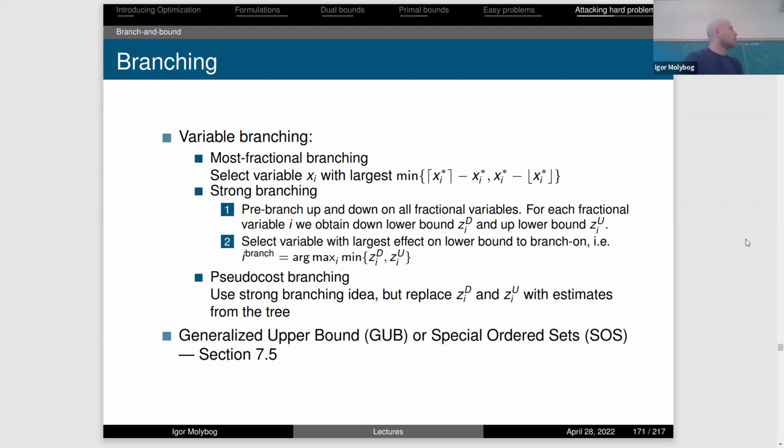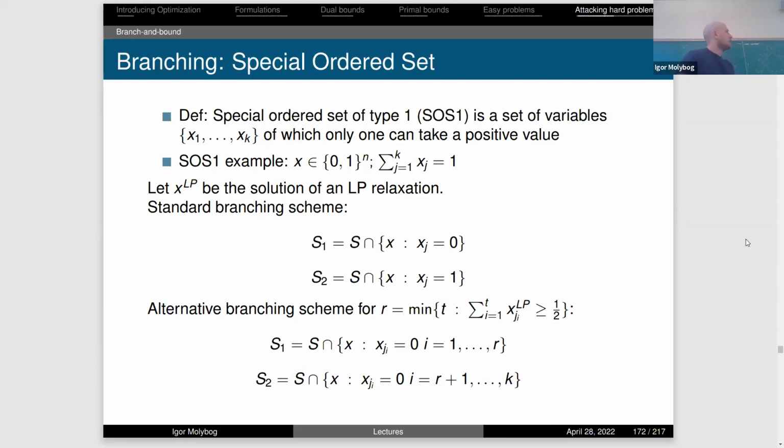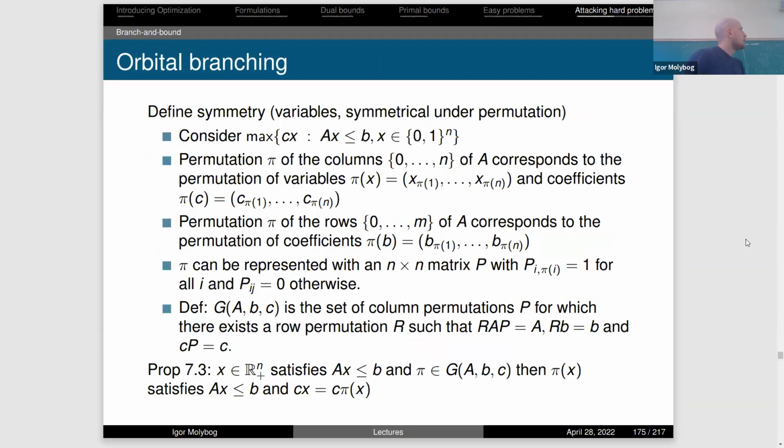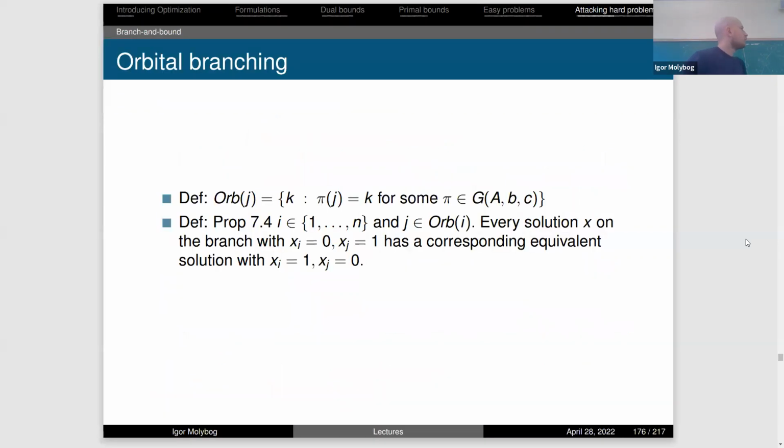Instead of branching on a particular variable, we were able to branch on a subset of variables, defining a special ordered set. We also have seen ways to exploit the symmetry of the problem, introducing orbital branching.